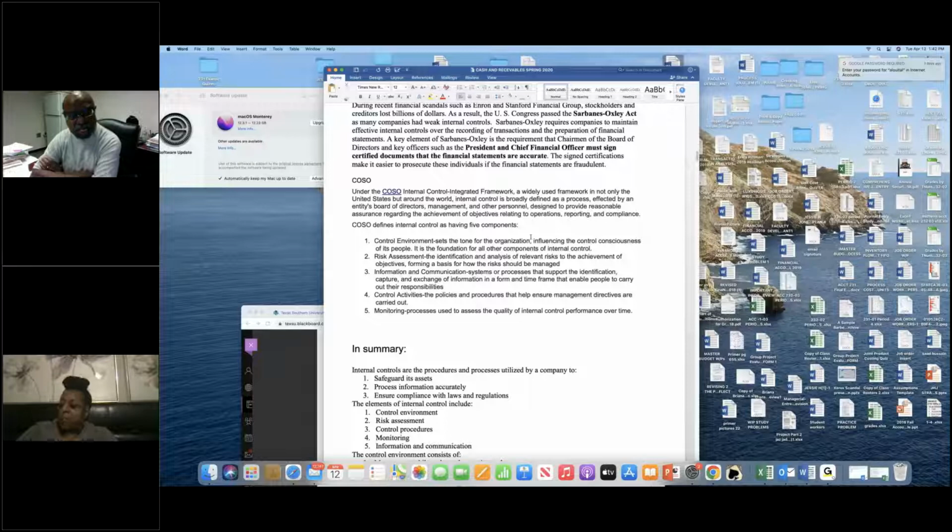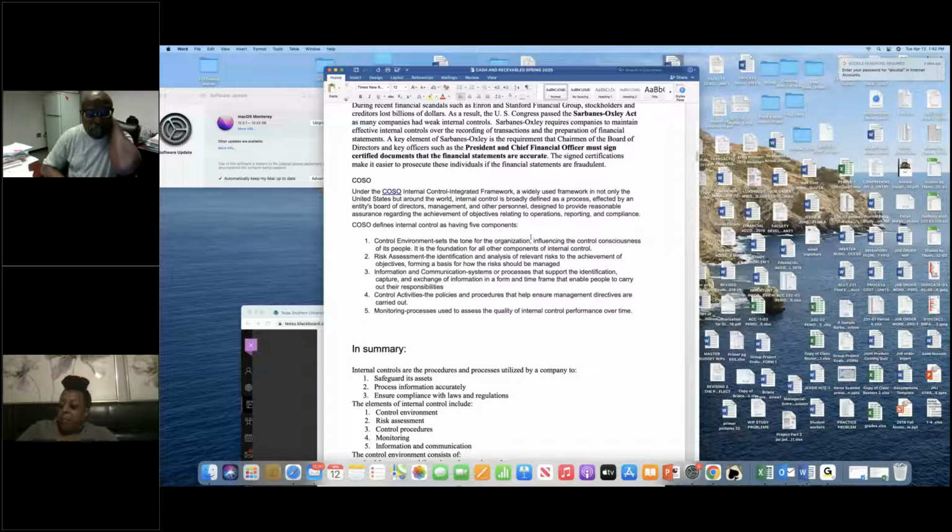Risk assessment: you have to identify areas. How does COVID-19 impact our business? How do rising gas prices impact our business? Those are risk assessment processes that must be in place.